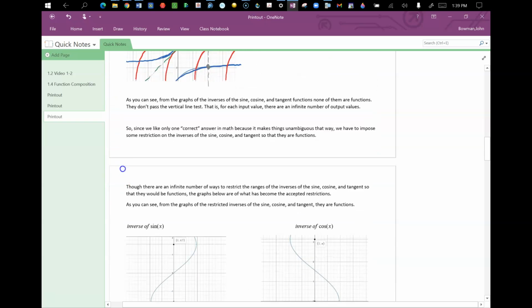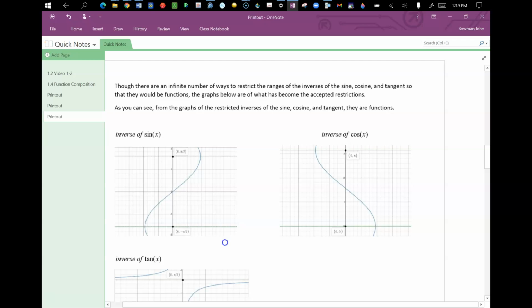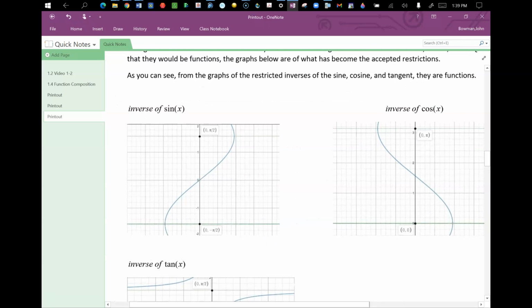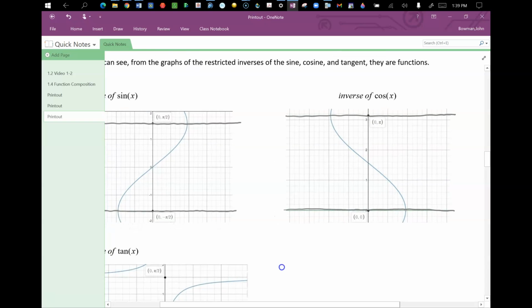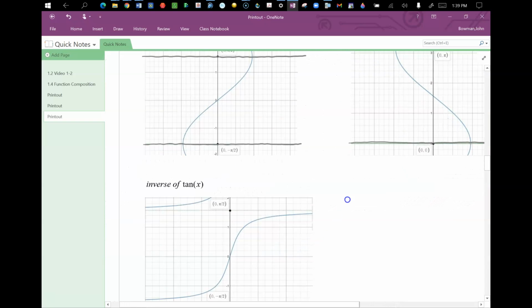So mathematicians have settled on the following. They have restricted the inverse of the sine to work from negative pi over 2 to positive pi over 2. And if you do that, you will see that it passes the vertical line test, in which case we can now call it a function. The inverse cosine, the restrictions are from 0 to pi, and then that would pass the vertical line test, and we could call it a function.